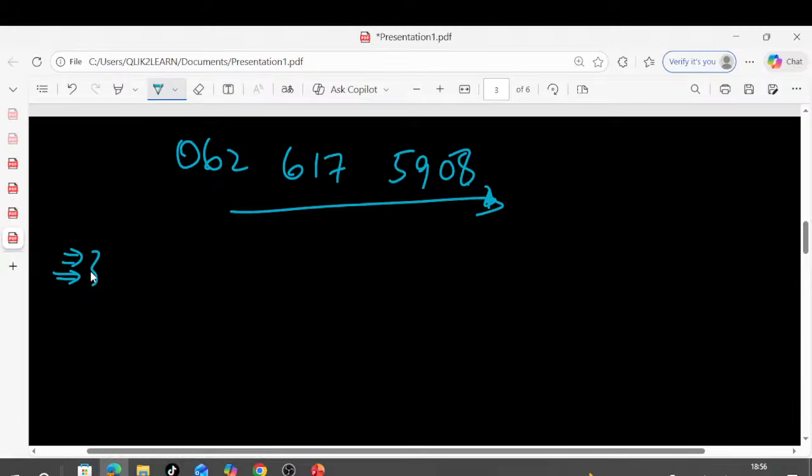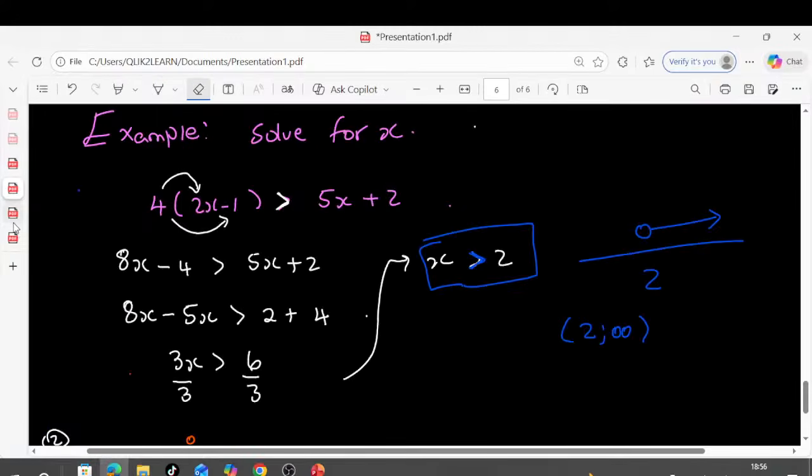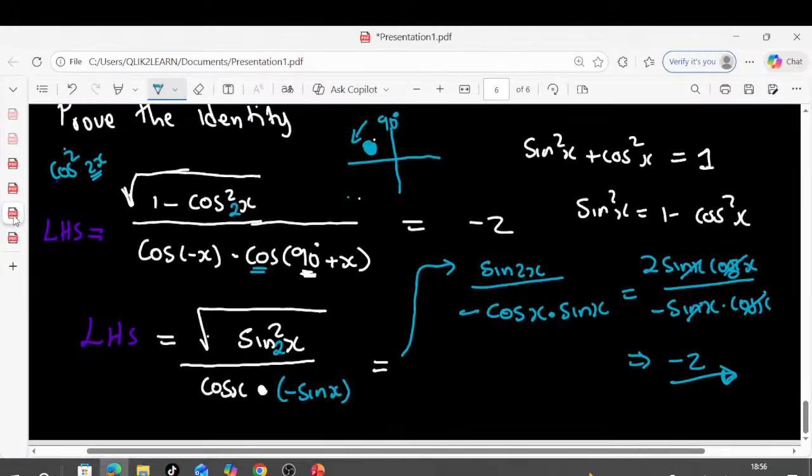I'll post also the notes on the group. So you go through the notes, then you go through the video, then that's when I can give you an assignment. And I know that we still have that assignment, the analytical geometry assignment that we need to mark. For those who completed that assignment, don't worry, I still remember, guys, we'll mark the assignment. But now, do you guys have any question based on what we've covered today?